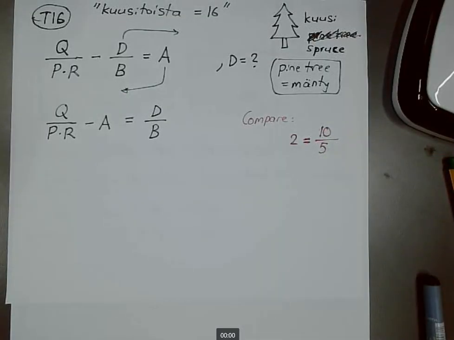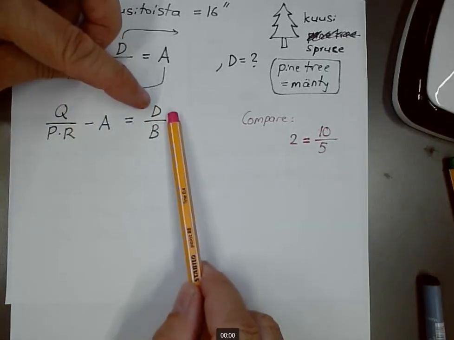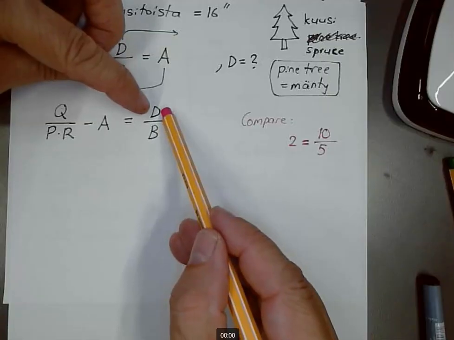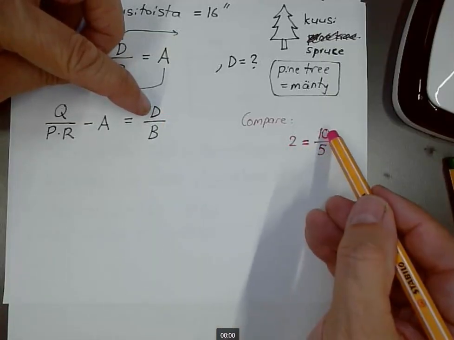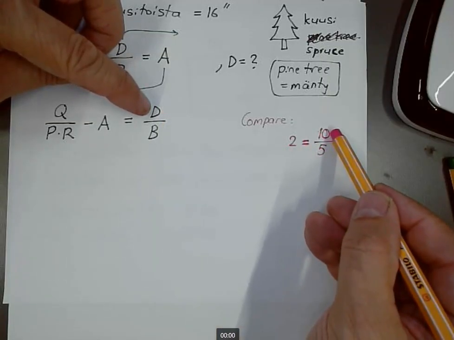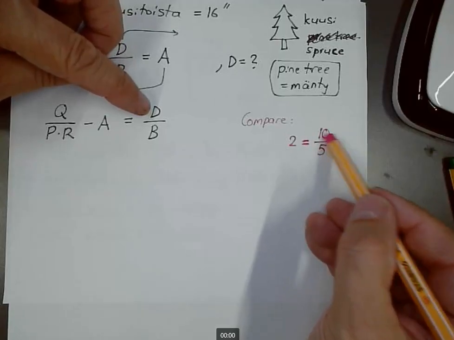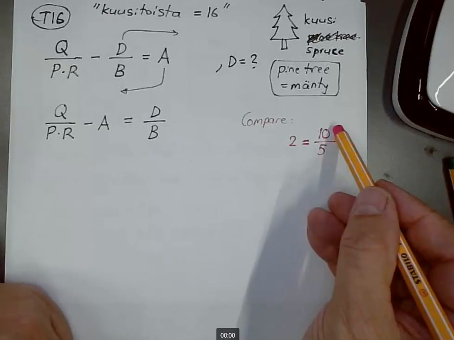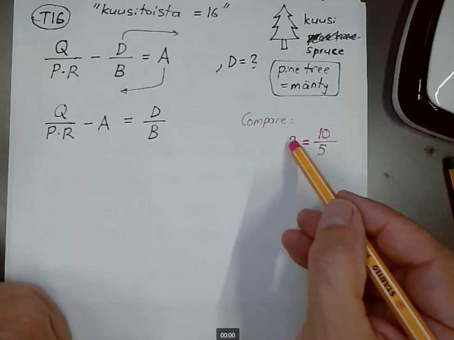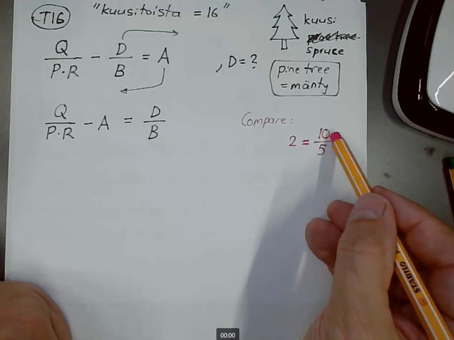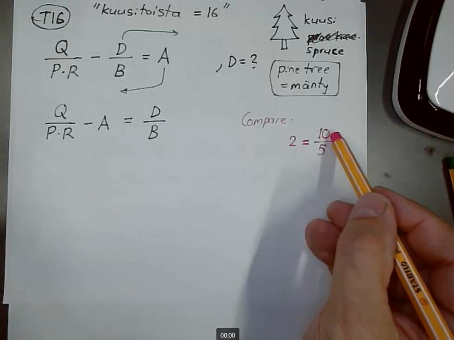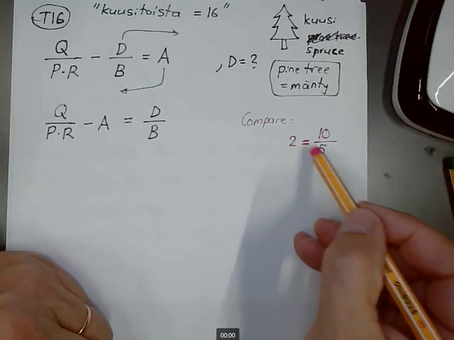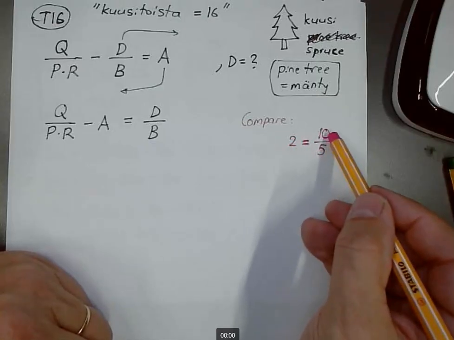Now if we compare with this equation, we have the unknown d here, and in the number example we have 10. Now we think in our heads what we should do with 2 and 5 to get 10, and very quickly we notice that we have to multiply these. 5 times 2 equals 10.